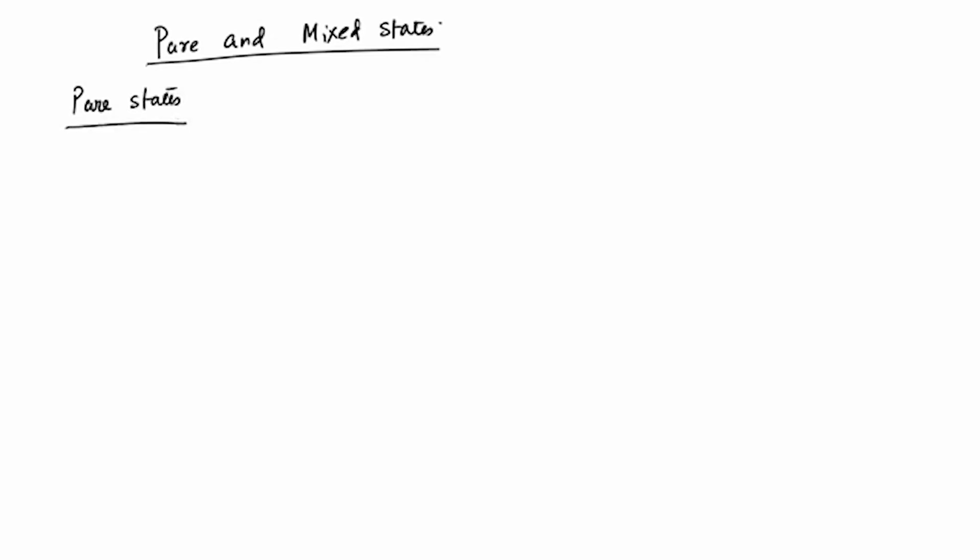If you take an ensemble of objects, with members of the ensemble in a given state, say some psi, then if the members of the ensemble are all in this state psi, it is called a pure state.